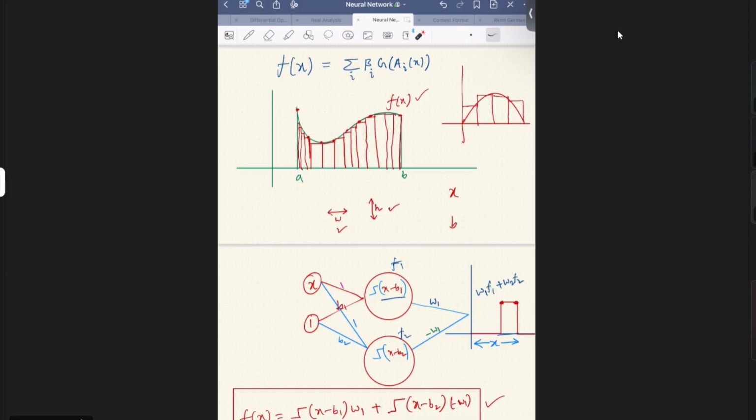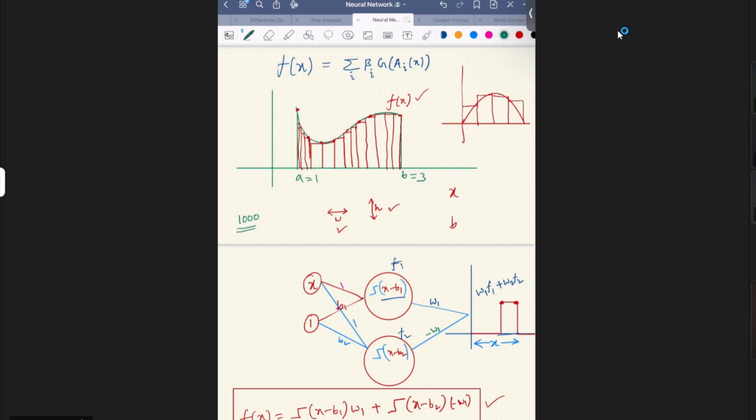Let's say I say fill this region A to B, say A equal to 1 to B equal to 3, within these 2 units of distance you fill 1000 such rectangles.